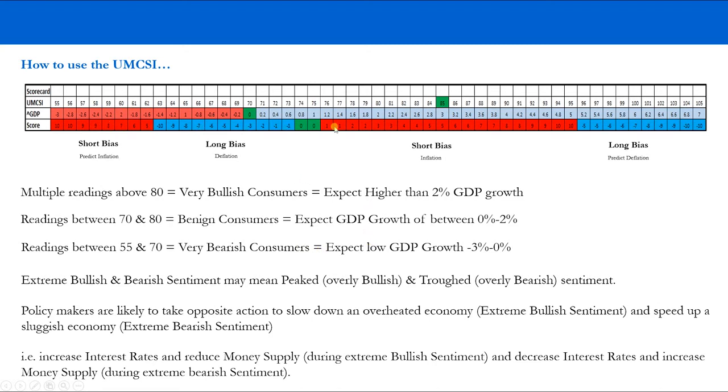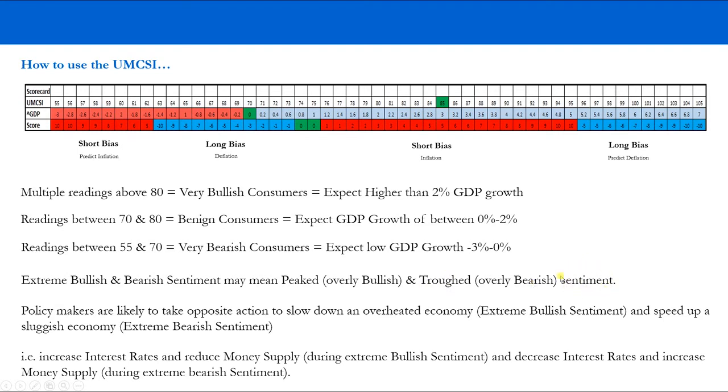And in our zones here, we'll explain these in a second, we get different biases because we're predicting inflationary and deflationary conditions consistent with different levels of the UMCSI. Now, if there's extreme bullish and bearish sentiment, this can mean that we've got peaked, so overly bullish conditions, and troughed, overly bearish conditions.